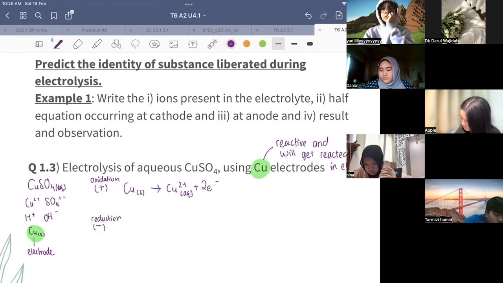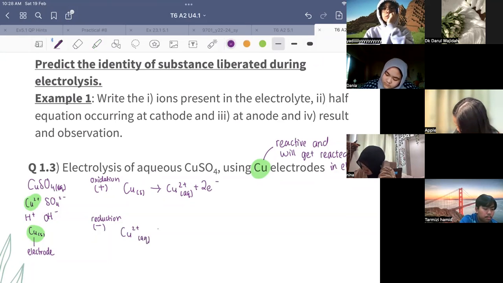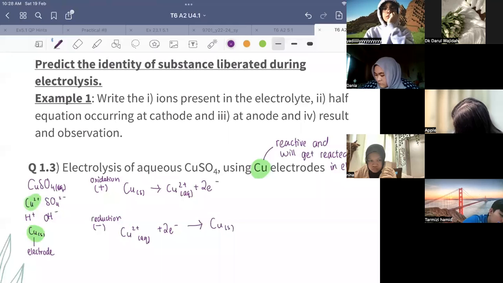As for the reduction process, which is at the cathode, the selected cation will be Cu2+. Cu2+ aqueous plus 2 electrons to form copper solid.